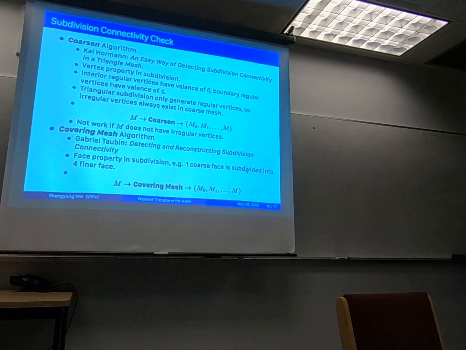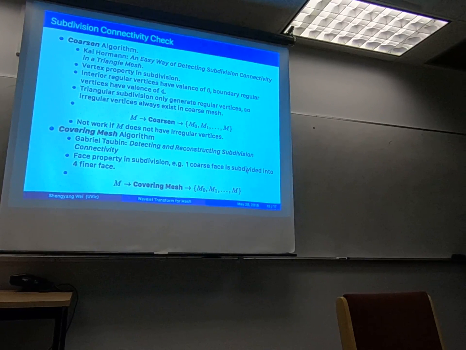Here are two algorithms. The first is a coarsen algorithm that can calculate which vertices belong to the coarse vertices set and which vertices belong to the finer vertices set.